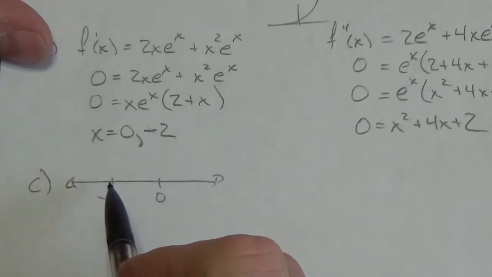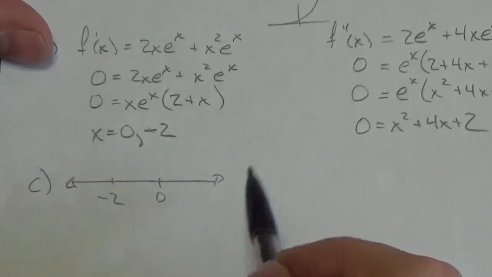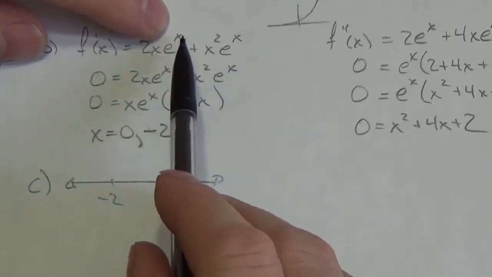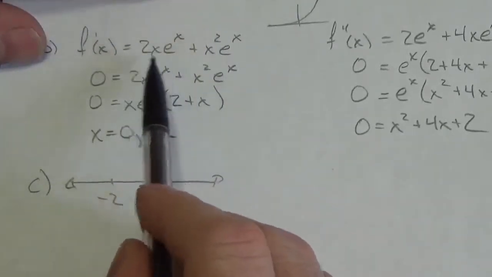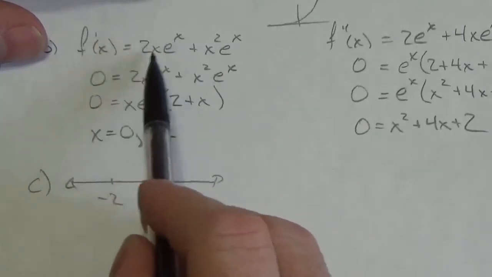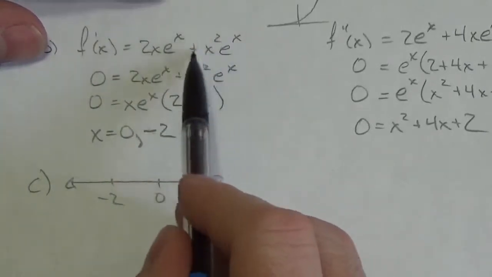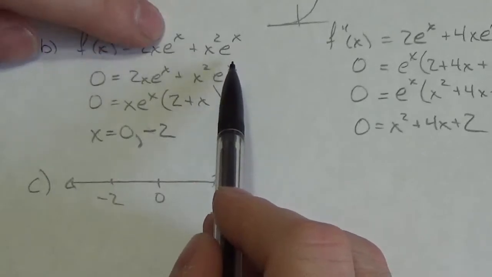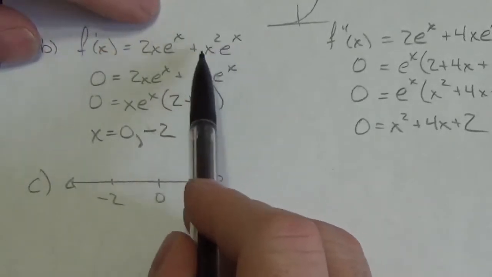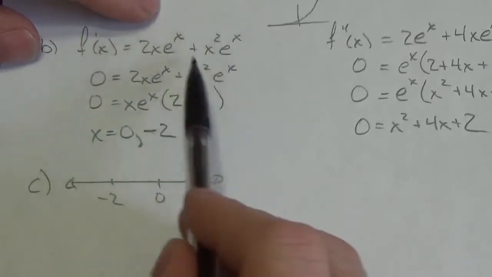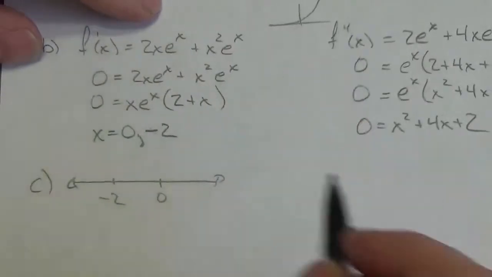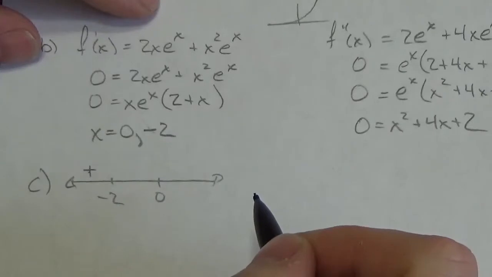If you pick a number that's less than negative 2, our exponential functions are always going to be positive. This term here is going to be positive. This one will be negative. But because of that square, this one's also got a quadratic. It's going to grow faster than the linear, so this is going to be the dominant one, and it's positive. So that's going to be positive right there.